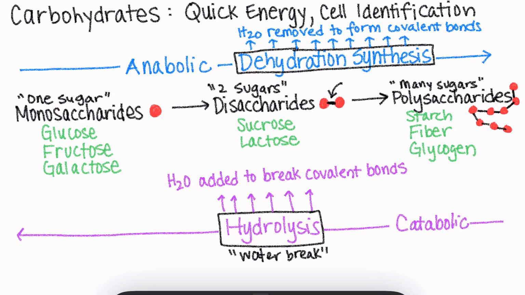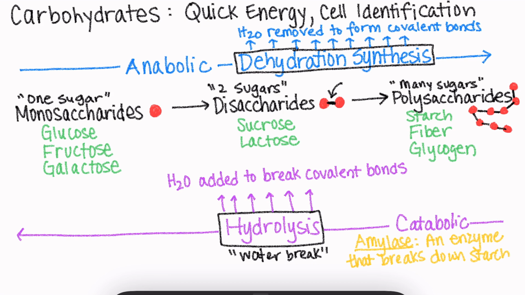In anatomy and physiology, you'll be learning about a lot of different enzymes, so it helps to get familiar with their names early on. Amylase is an enzyme that can break polysaccharides or starch down into simpler sugars. We make amylase, this enzyme, and produce it both in our saliva and from our pancreas.